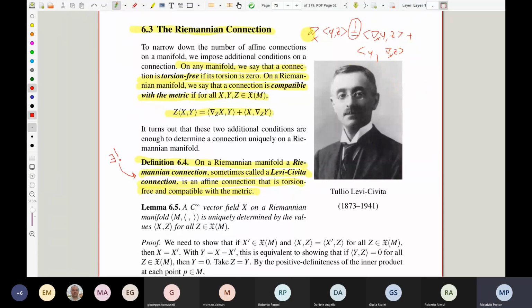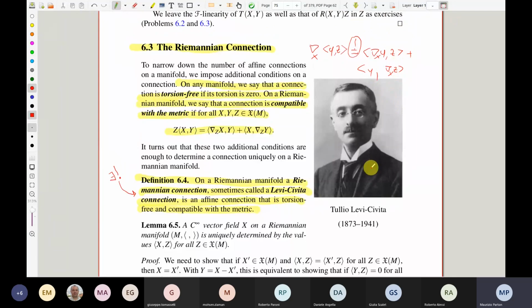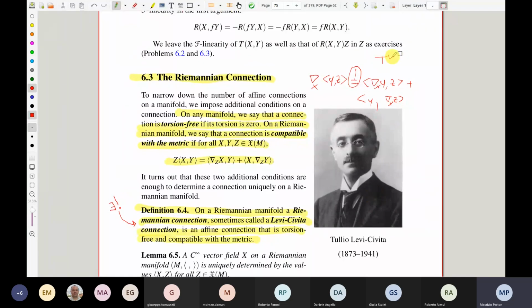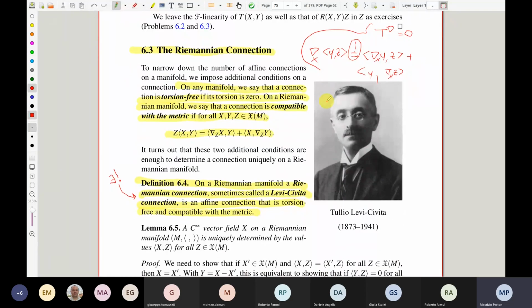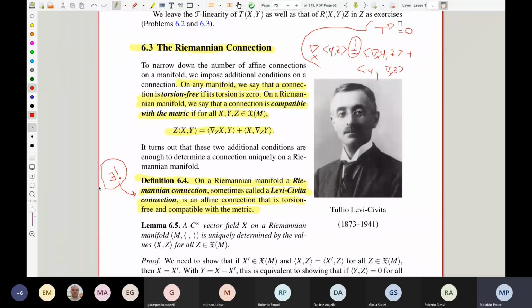We ask for the connection to be compatible with the scalar product, and we also ask for the torsion of this connection to be zero, which are the two properties satisfied by the standard connection in R^n. Well, it appears that there is only one connection satisfying these two properties on a Riemannian manifold. And so, game over, I would say, and we win, because we have the metric, we have also the notion of connection.